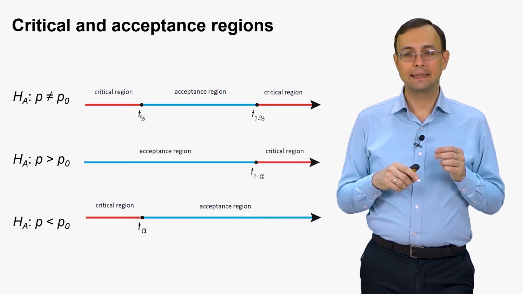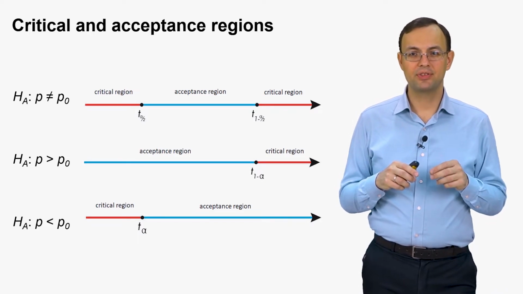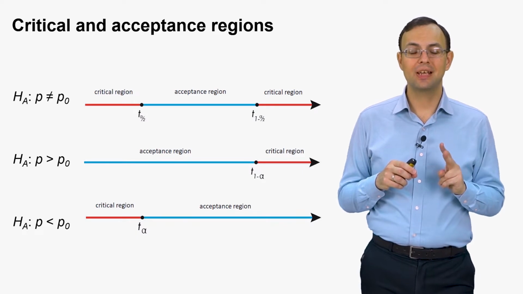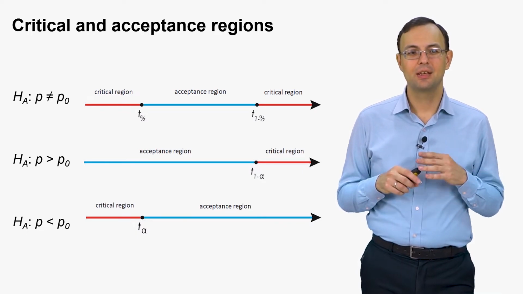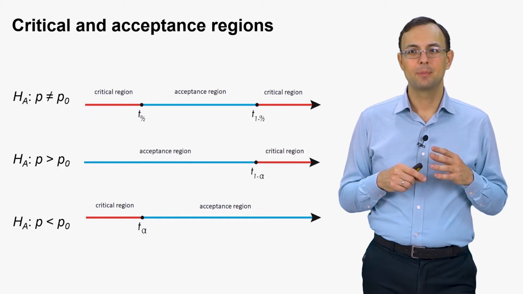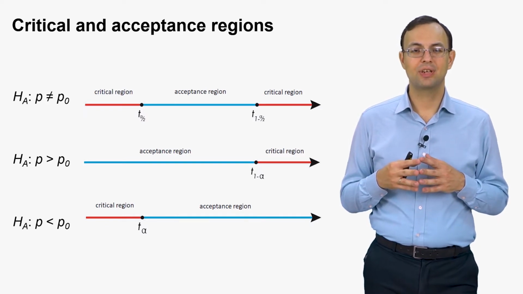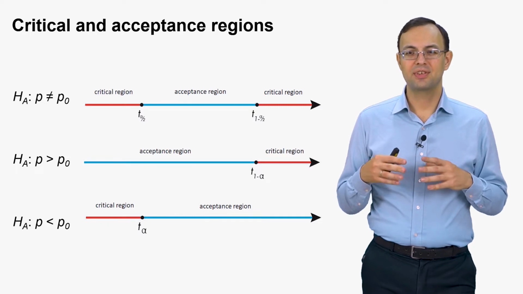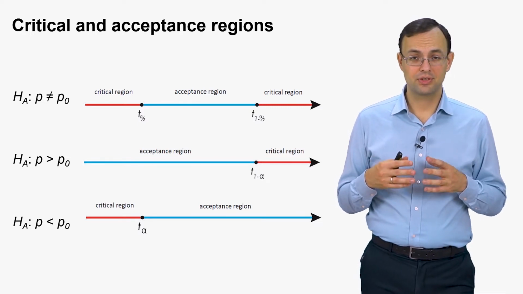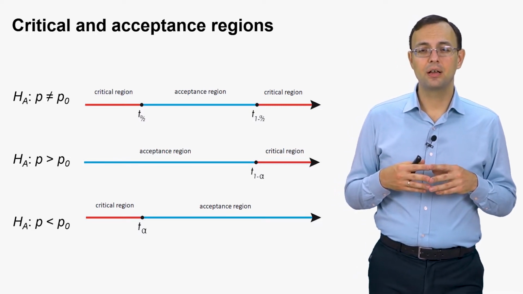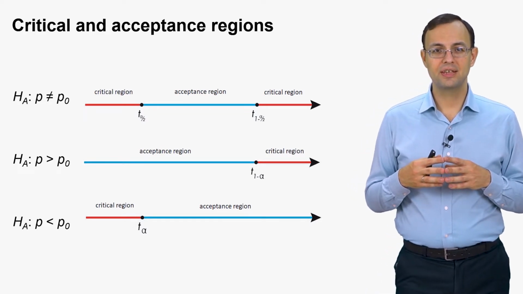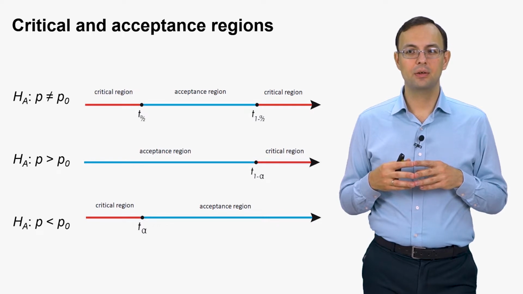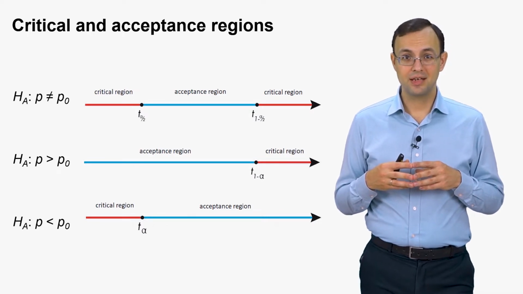If the alternative hypothesis is with an inequality sign, then we have a two-tailed test, as they usually say. Two-tailed test means that the critical region has two tails, the left one and the right one, or sometimes they say two-sided critical region. If the alternative hypothesis is p greater than p0, then we have a right-tailed test.